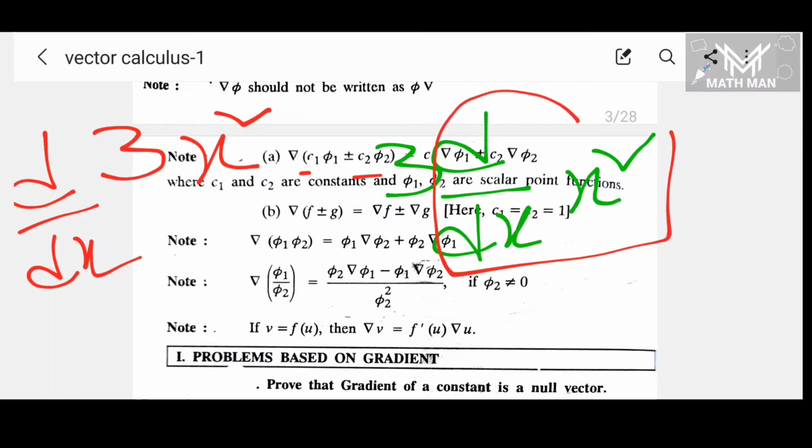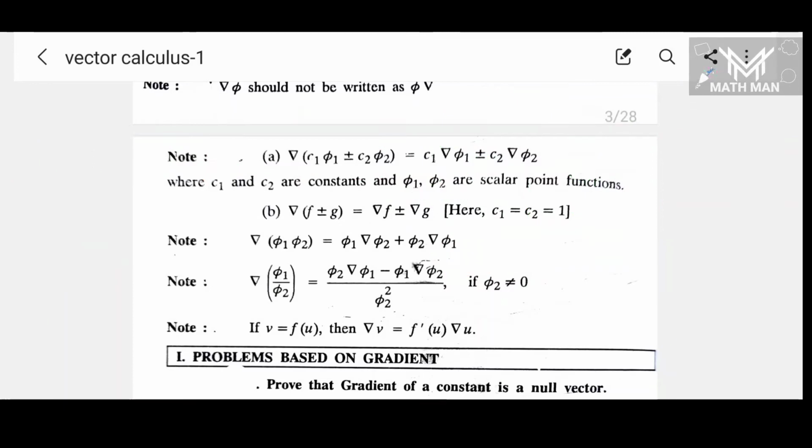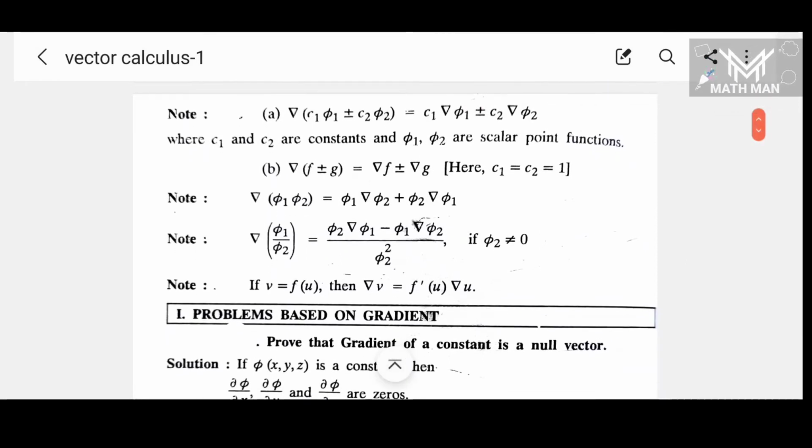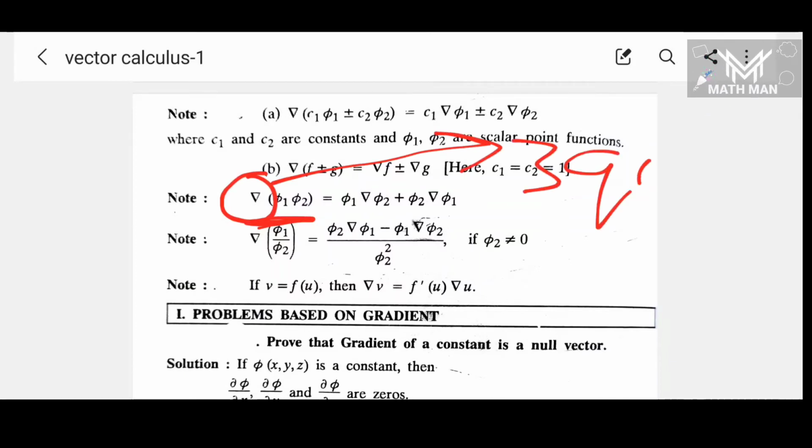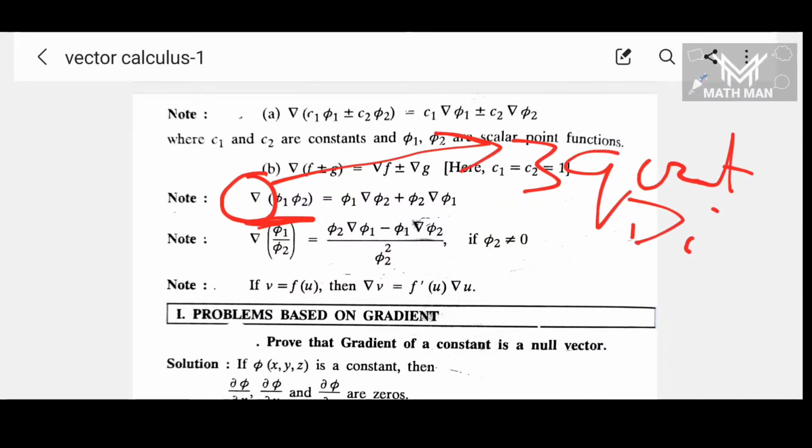So we can take the constants c1 or c2 outside, and we can do del of c1 phi 1 plus c2 phi 2 as c1 del of phi 1 plus c2 del of phi 2. In the same way, addition also we can do, right? And the product: if we do del of phi 1 phi 2, del is a differentiation of three quantities.